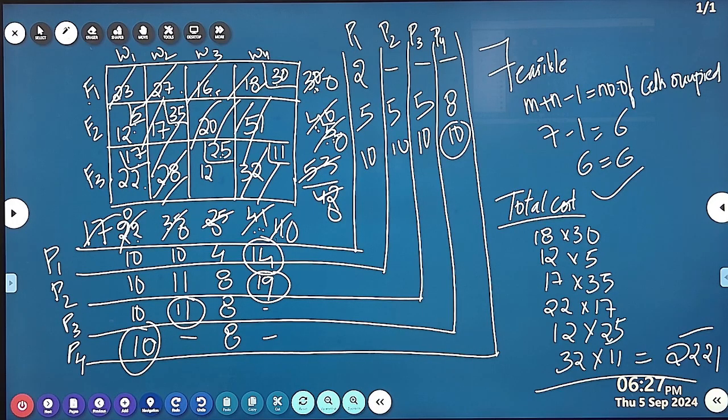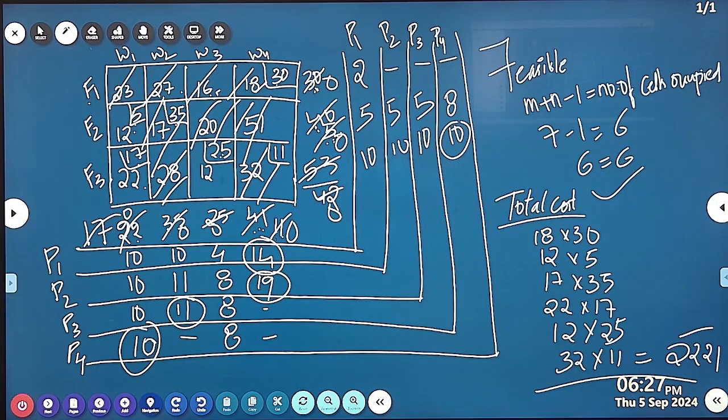Next column का भी कर दो, 10, next 17 minus 28, how much? 11, next 8, next 19, yes. So this will be the higher number, right, again in this W4 only. So round it, and which one is the least cost among these two? 32, right. So 32 में अभी W4 में कितना units है?